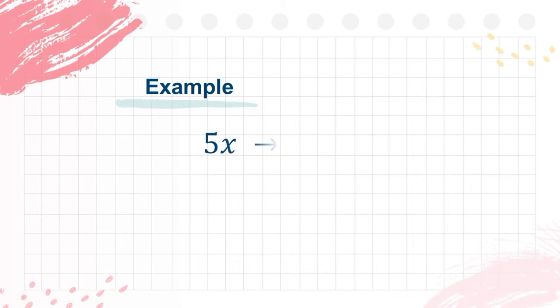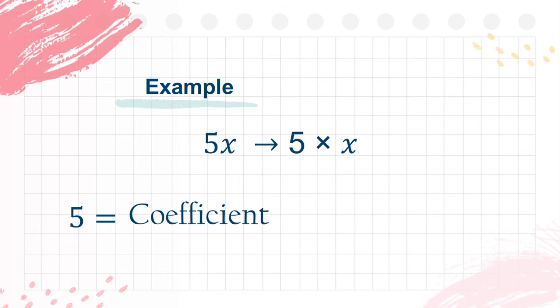Here there is 5x, which means 5 times x. We can see that the number 5 is the coefficient and the alphabet x is a variable.